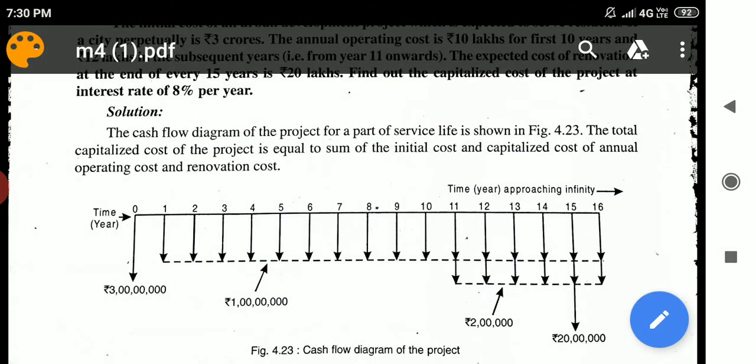See here, 3 crores is expensive, no? So it is downwards. And also 10 lakh is for up to 10 years.